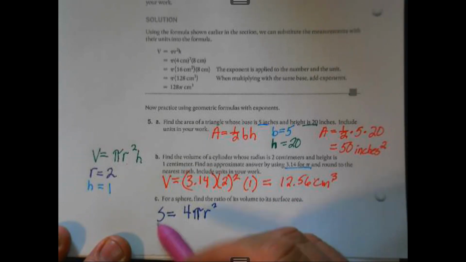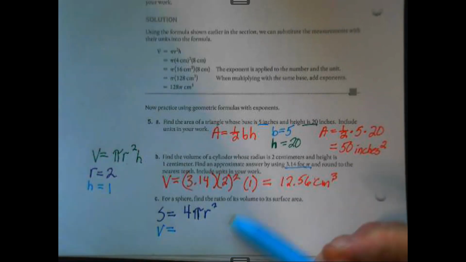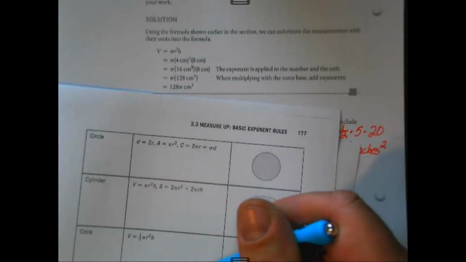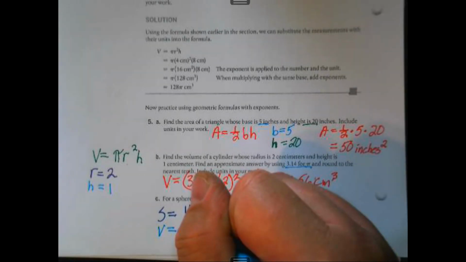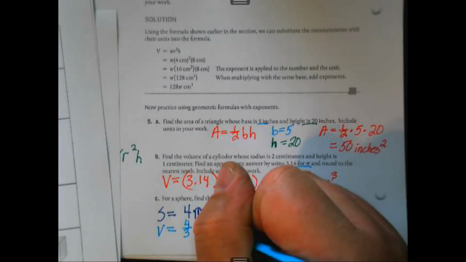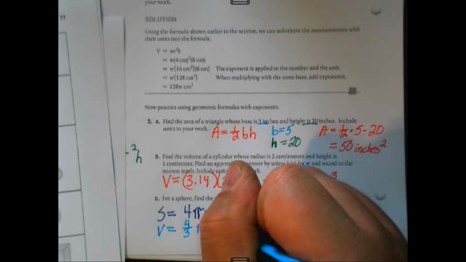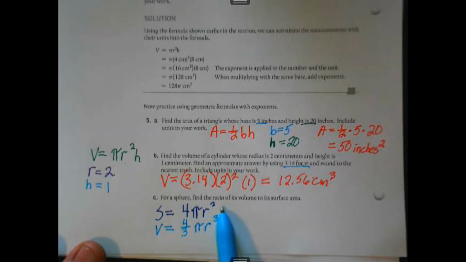So this volume is 4/3 pi r cubed. And we're supposed to find the ratio to its volume.